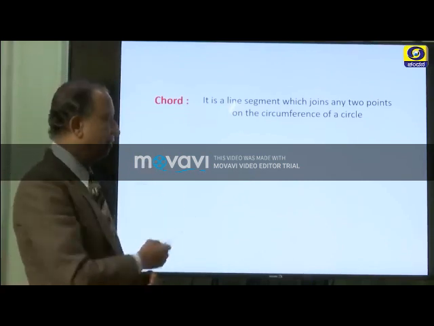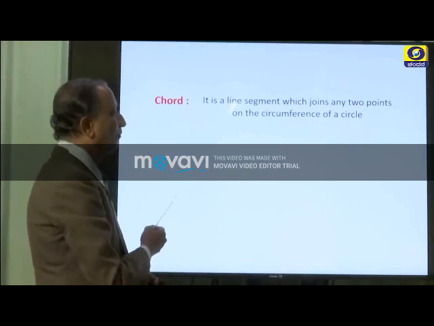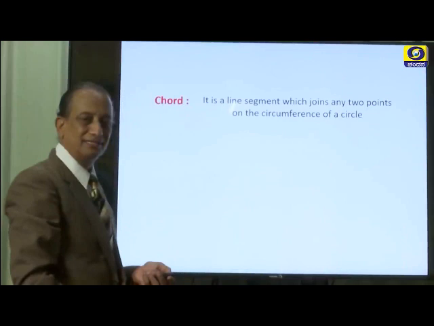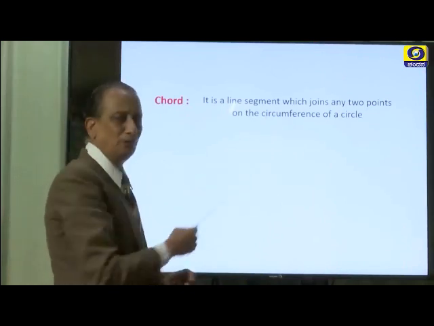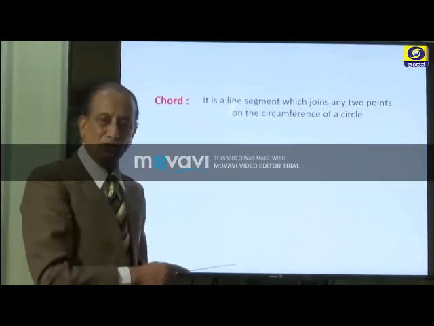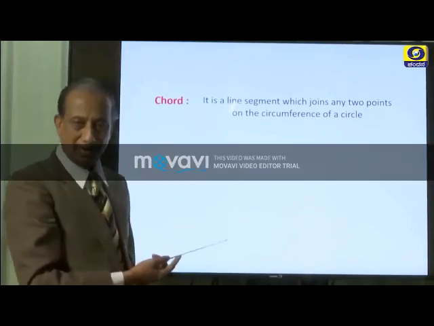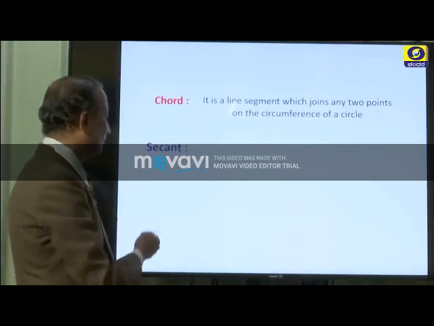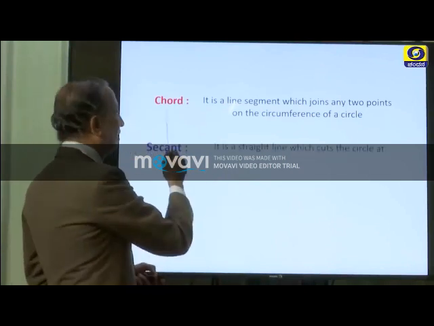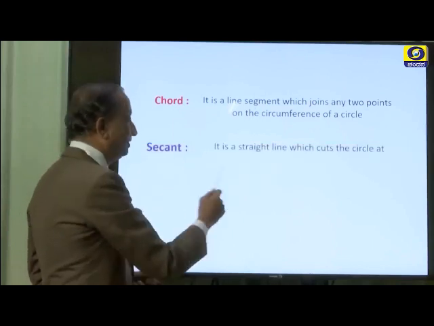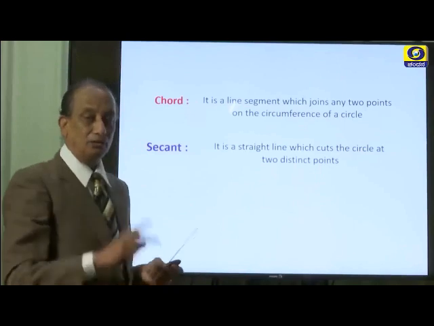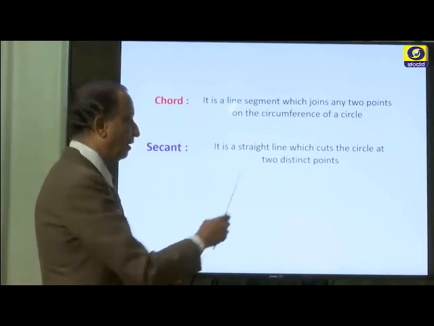First of all, chord. A chord is a line segment which joins any 2 points on the circumference of a circle. You can take any 2 points on the circumference, join them, and the line segment is called the chord, and you know the diameter is the longest chord. Now, secant. A secant is a straight line which cuts the circle at 2 distinct points.